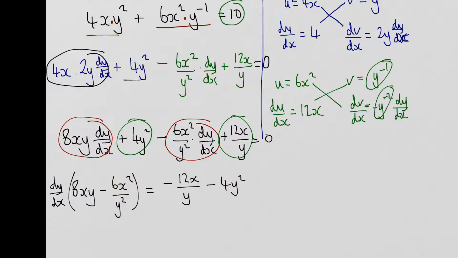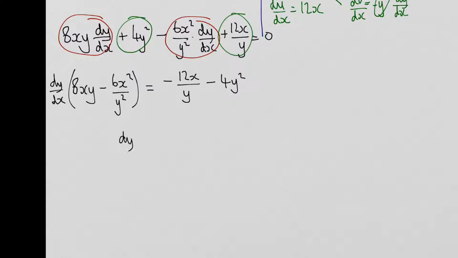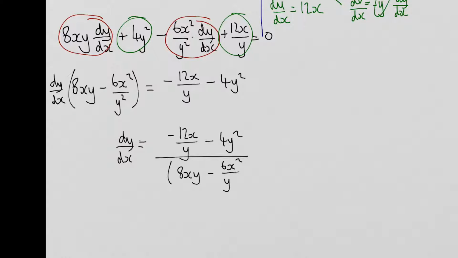So again, just popping the different bits over. dy by dx is equal to minus 12x over y minus 4y squared, all over 8xy minus 6x squared over y squared. Now, usually at this point, we'd be starting to tidy this up so that we didn't have a fraction in my numerator and a fraction in my denominator.